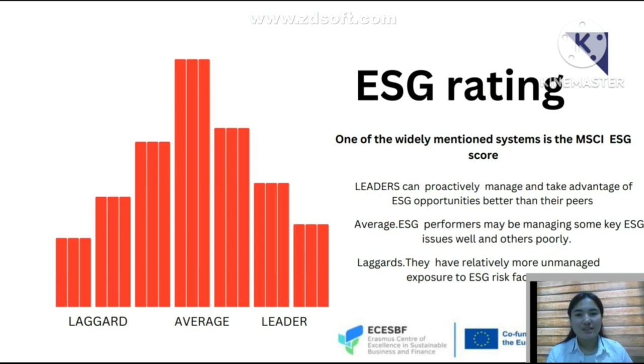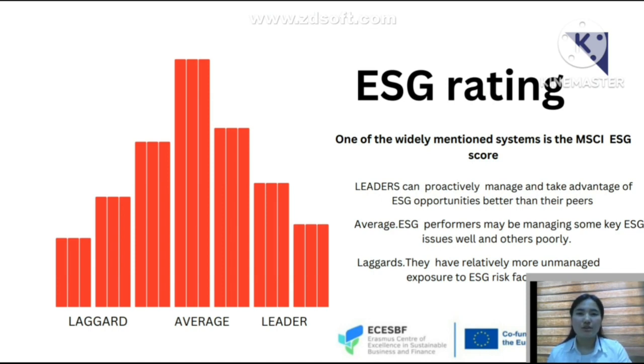Leaders can manage all their companies' ESG risks, so environmental, social and governance risks, better than their peers. If your company is rated triple B, double B and just A, your company is considered average.